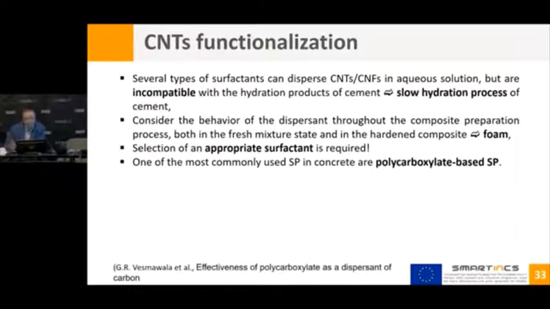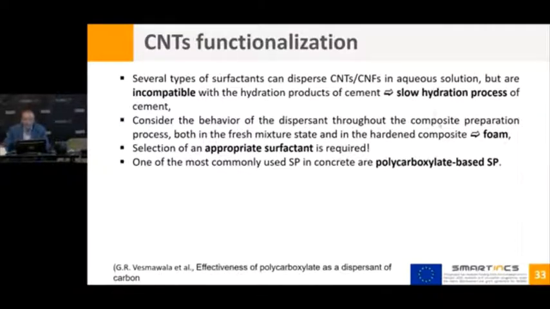When you add cement, you want to avoid any unfavorable reaction between the cement hydration products and your surfactant, and sometimes this can happen. In particular, the hydration reaction can be slowed down.